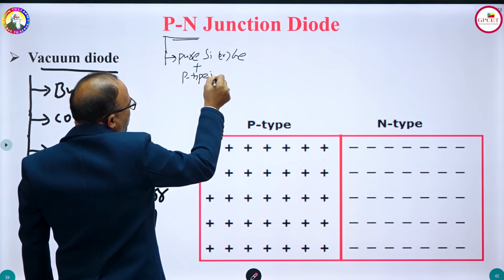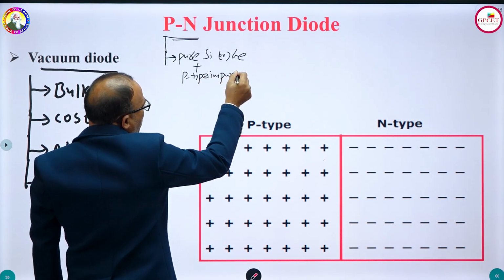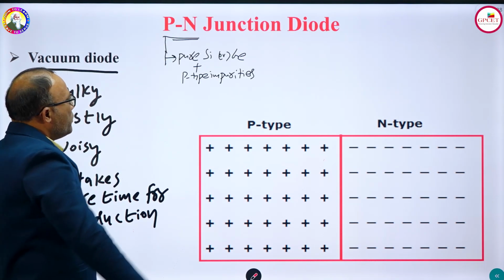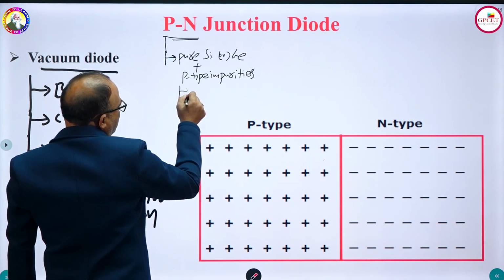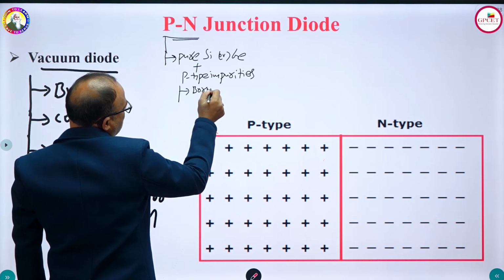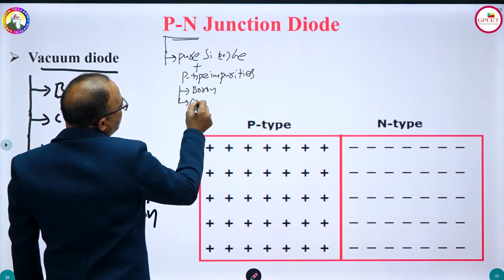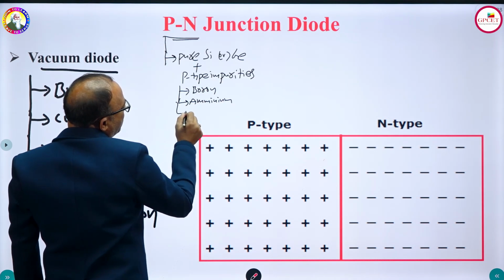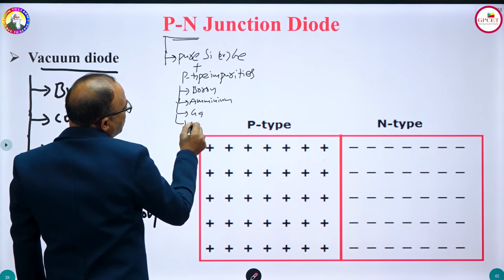You know already what are P-type impurities. Actually, we have discussed in semiconductor physics what are P-type impurities. The P-type impurities are, for example, boron, aluminum, gallium, and indium.